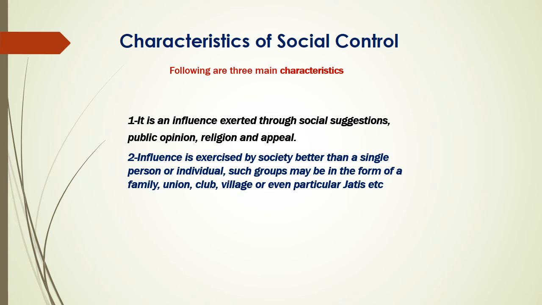Such groups may be in the form of a family, union, club, village, or even particular jatis. That means our society is governed by certain norms, certain groups of people, unions, associations. It is easier to control this way.